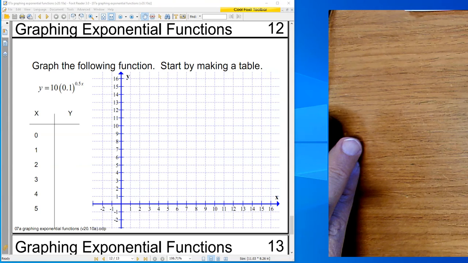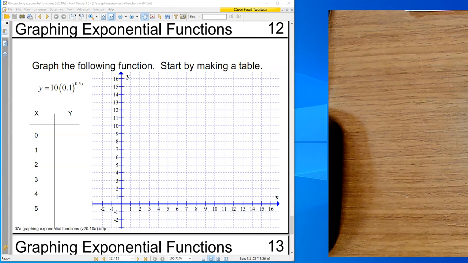Okay. 0. If I plug in 0, anything with 0 power is 1 times 10 is 10. So this is going to be a 10. Now I'm doing 0.1 raised to the 0.5 power times 10 gives me 3.1. Half of 2 is 1, so I'm doing 0.1 raised to the first power times 10, which is going to be 1.